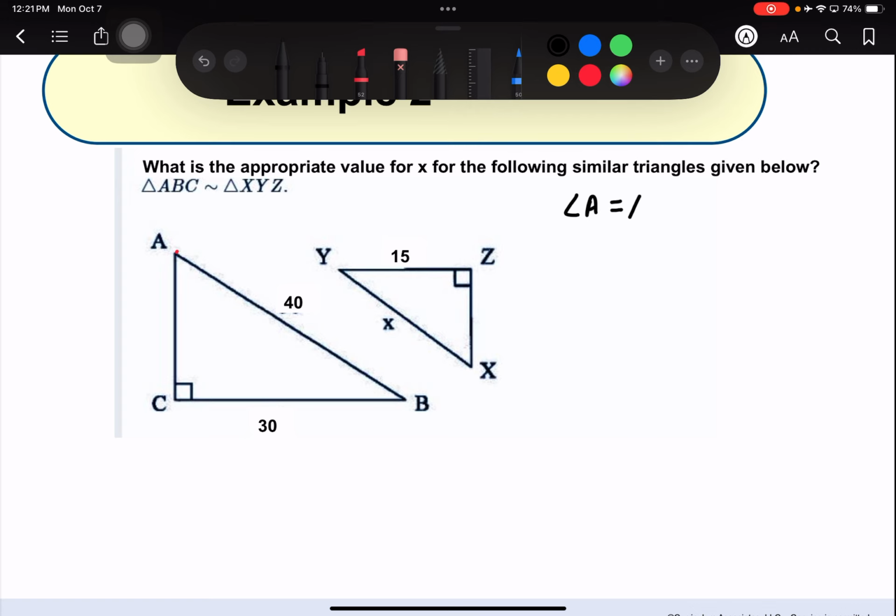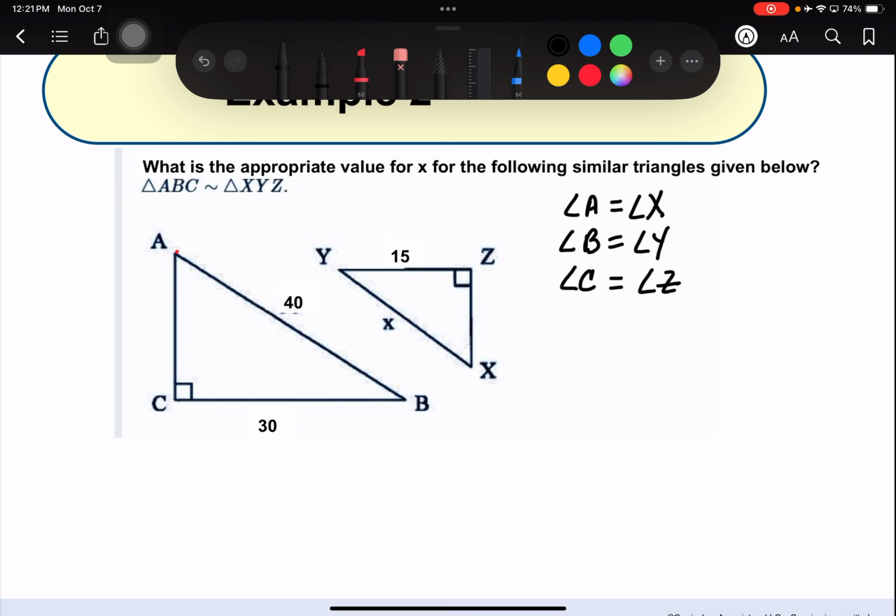Angle X. So y'all see how the stuff from the last unit you still gotta know? Angle B is congruent to what? And angle C is equal to what? Angle Z.